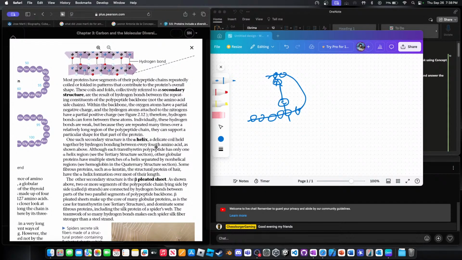Hydrogen bonding every fourth amino acid. Okay, that's good to know. It's going to be every fourth amino acid. Okay, there we go.